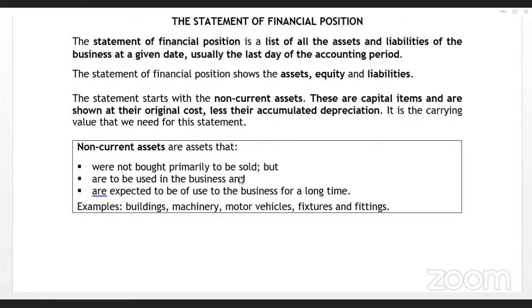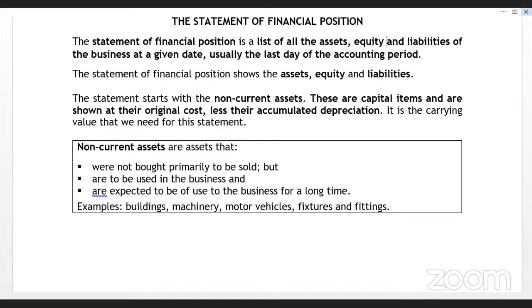A statement of financial position is a list of all the assets, equity, and liabilities of the business at a given date, usually the last day of the accounting period.